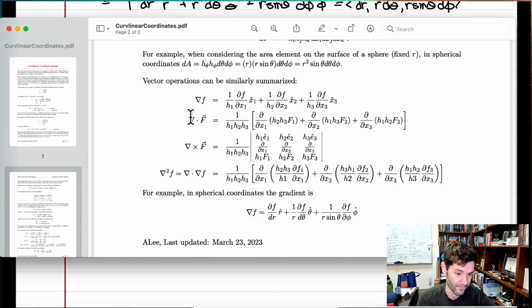Similarly, these get a little more involved, but you can write down a very general expression for the gradient, the divergence, the curl, and the Laplacian.